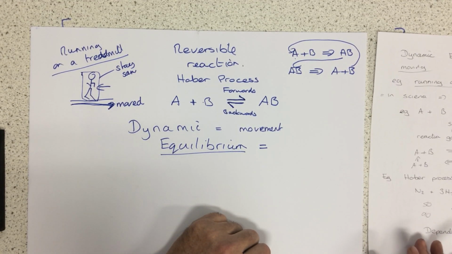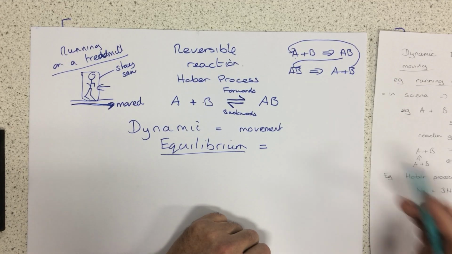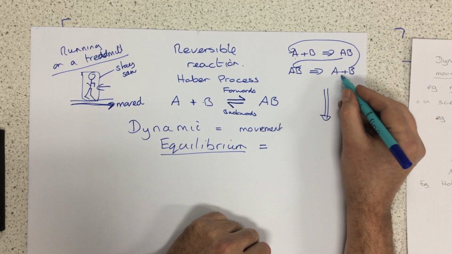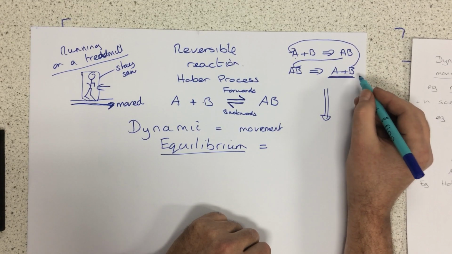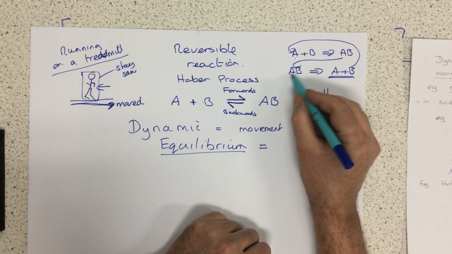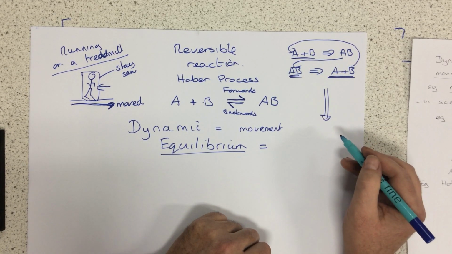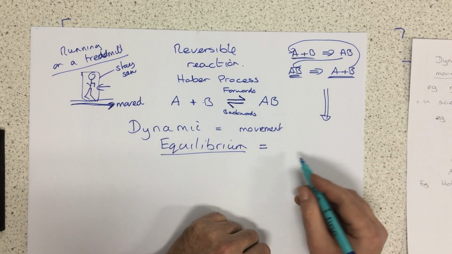So what makes it a dynamic equilibrium? Well, the fact is that as this reaction is happening, at some point you're going to end up with a relatively constant amount of AB, because it's always being made, and a constant amount of A plus B, because it's always breaking down.